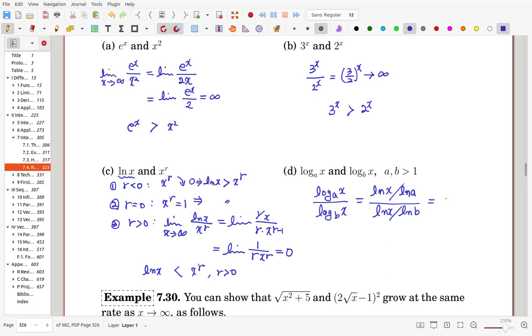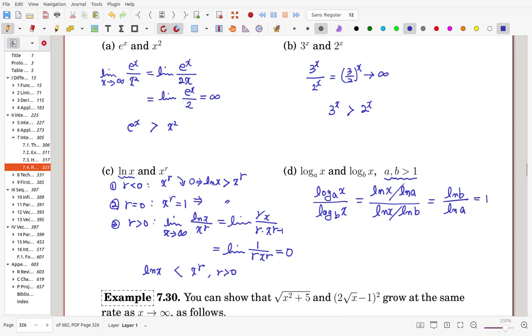That is the same as natural logarithm of b over natural logarithm of a. Here we assume that a and b are larger than 1, so both are positive. The ratio is always the same constant.